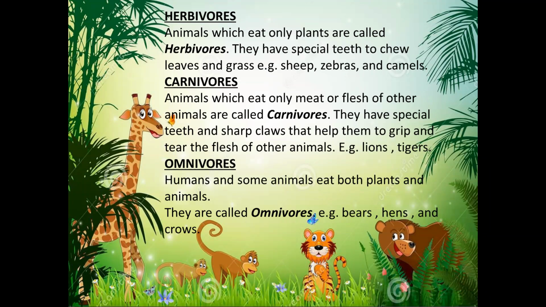They are also categorized as omnivores. Okay, students. So this is about the categories of animals according to their mode of nutrition. They are herbivores, carnivores, and omnivores.